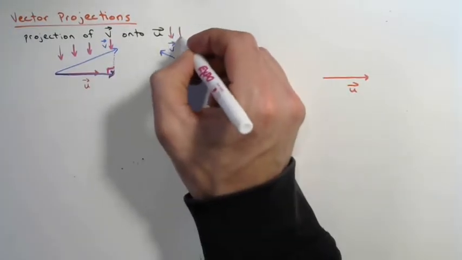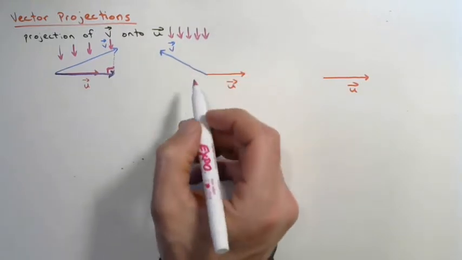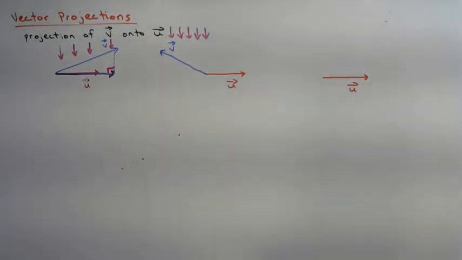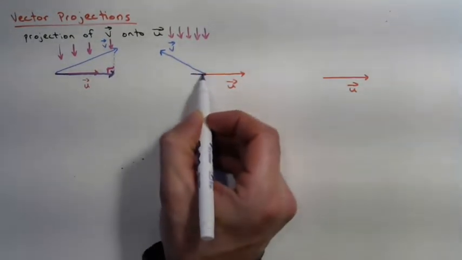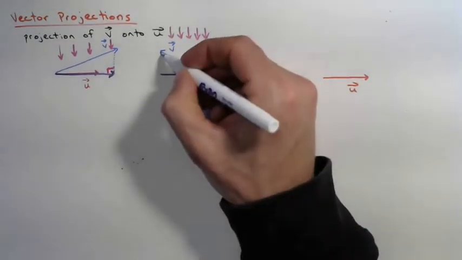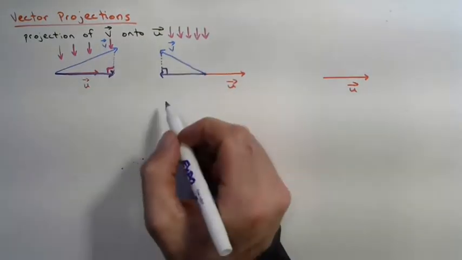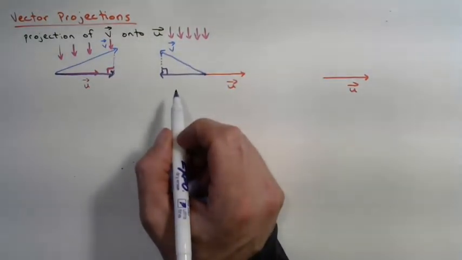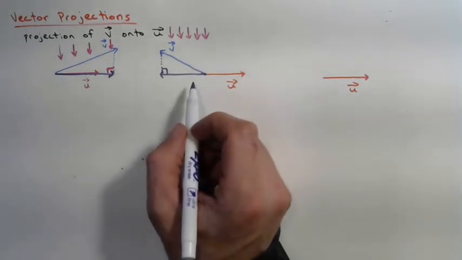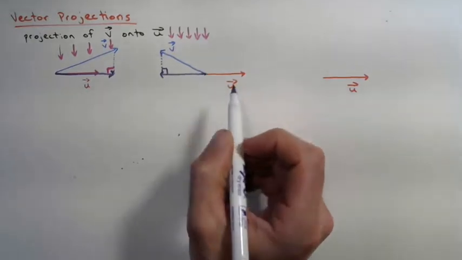A light is shining down all across vector v, and what kind of shadow is it casting? Well, this time, the projection of v onto u is actually going the opposite direction of vector u. So that is another possibility. The projection of v onto u is in the opposite direction of vector u.